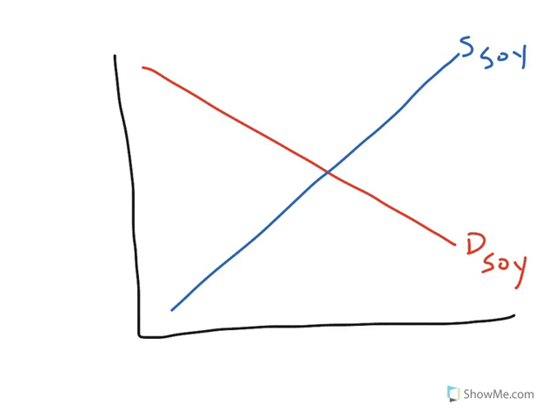Now, to take this one step further, we all saw that the quantity supplied for corn is going to increase while demand increases. What's going to happen, though, is that quantity supplied of soy is going to decrease because land is being taken away from soy and they're producing less of it.